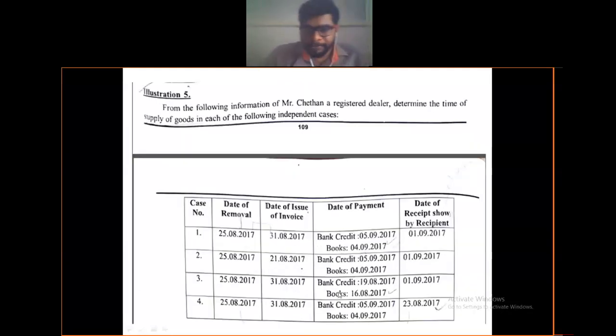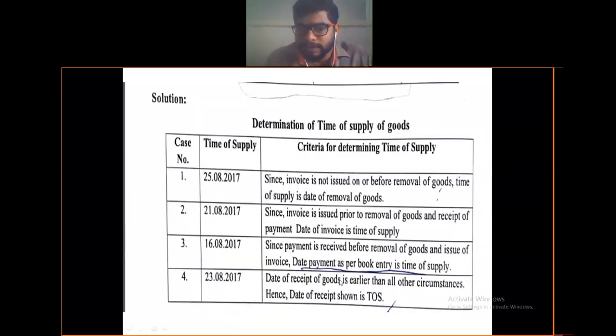Why? Because that record is shown in the books of account of the supplier. So the earlier date only we have to consider. Therefore, the date of the payment as per the books of entry in the supplier's account is considered as the time of supply. Therefore, 16th August 2017 is the time of supply.